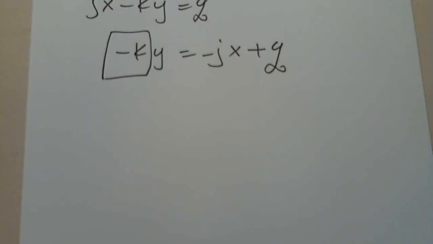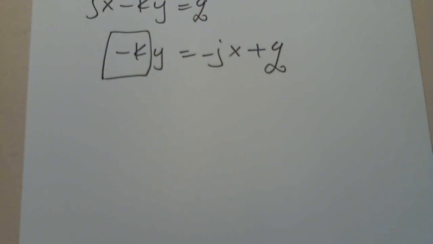Now, I cannot identify the slope before I clear that. Is that clear? We cannot identify the slope before we solve for y completely. No numbers in front, no negative sign, nothing, just 1 in front of y.